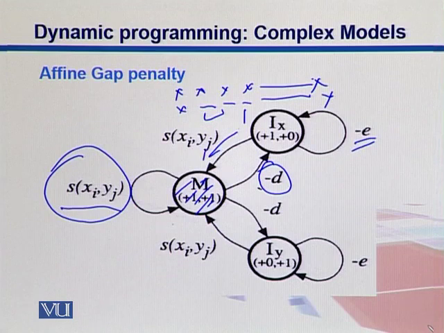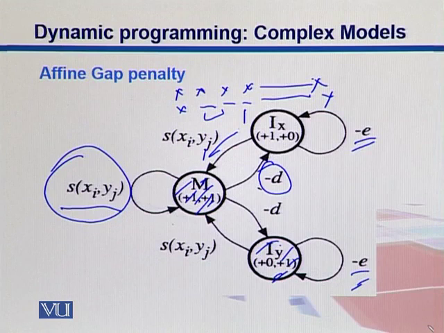In the same way, we can have another situation where we have an insertion on y, where we have elements present on the second strand. That is the Iy state. Here again minus d, and if it keeps staying over here, there will be the penalty like this, and it can go back to this situation.